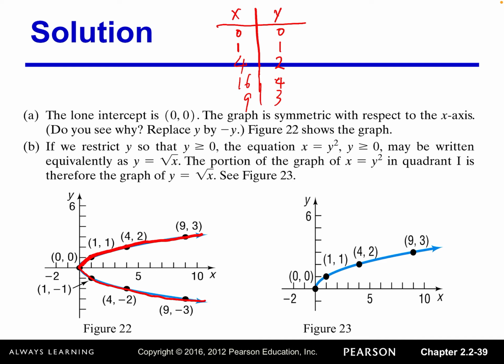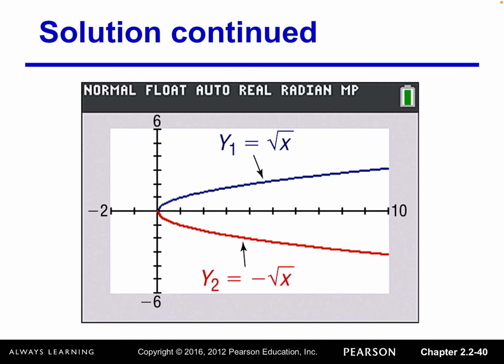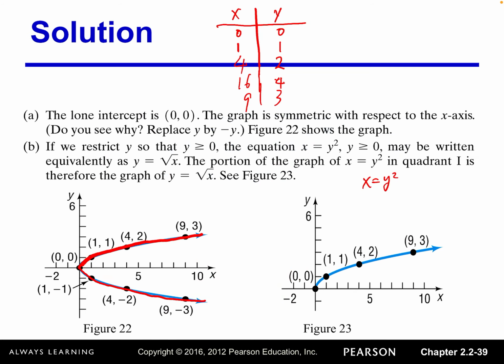And this equation we can use a graphing calculator to solve also. Okay, so we have x equals y squared, but we need to represent it in terms of y. We need to solve for y. Okay, so we interchange the sides. y squared equals x, and then solving, y equals plus or minus square root of x.